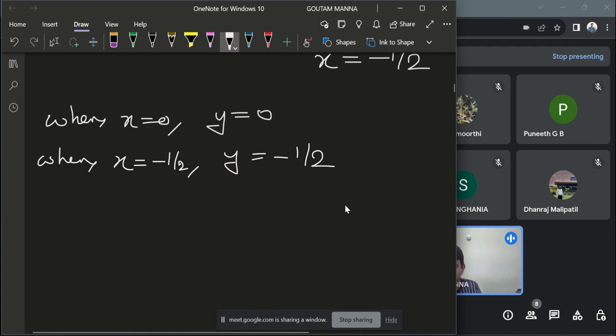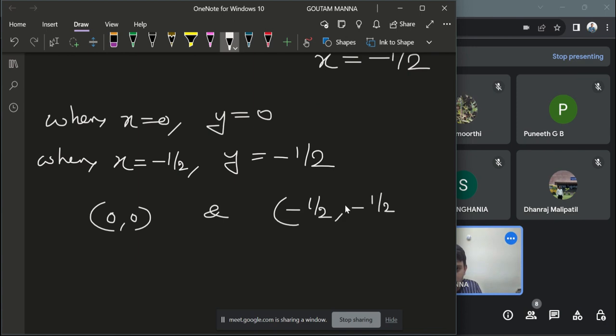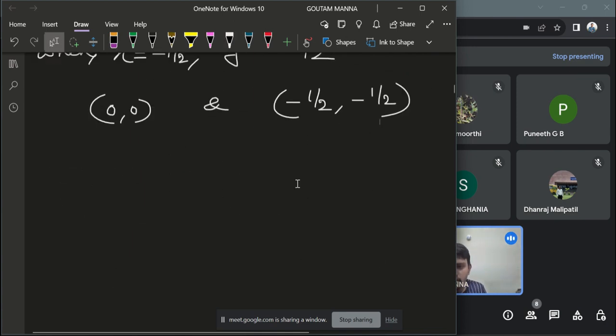So the two critical points are 0, 0 and minus half, minus half.